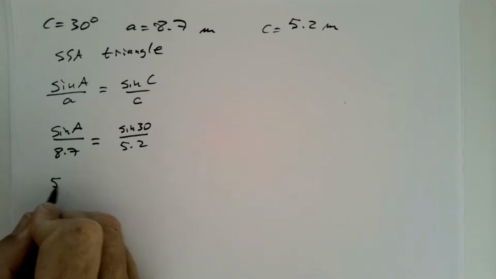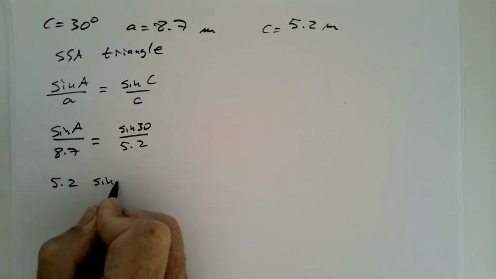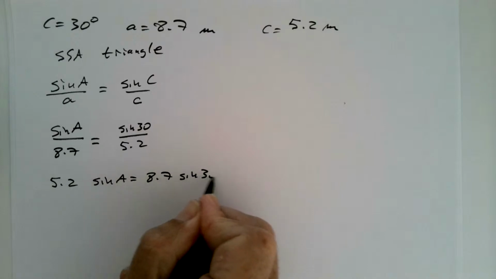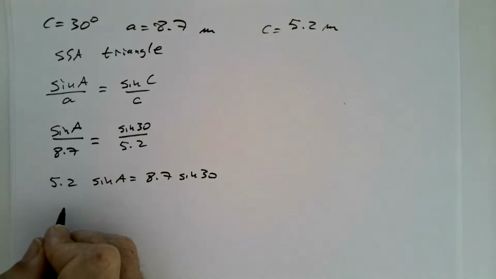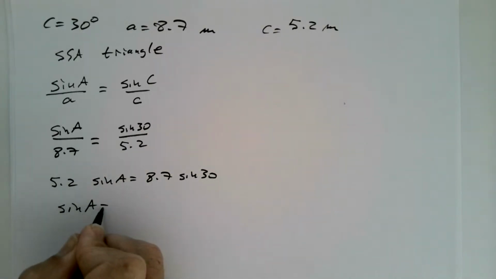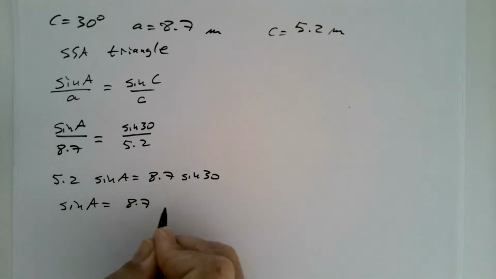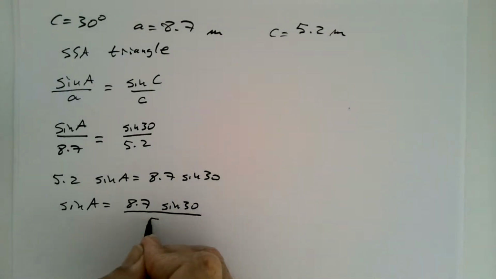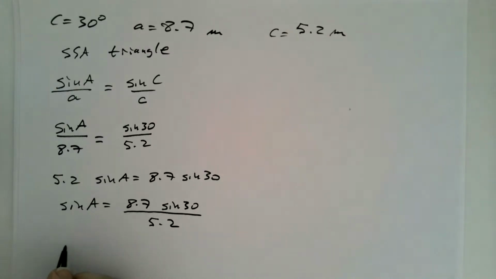So 5.2 sine A equals 8.7 sine 30. So we get sine A equals 8.7 times sine 30 over 5.2. So sine A is about 0.8365.